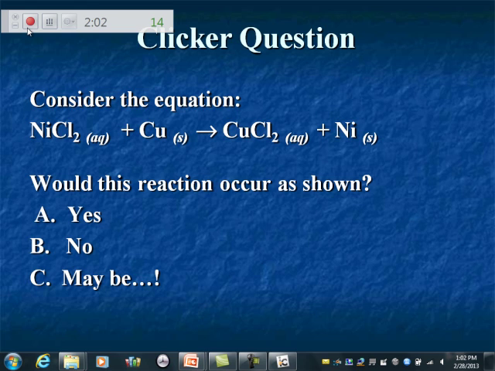Another 30 seconds, guys. That's all you need. You're not trying to write down anything. You're just looking at the activity series and the positions, and that should tell you. Focus only on the left side, okay? As I said, I have written down the right side and I'm asking you, is it possible or not?